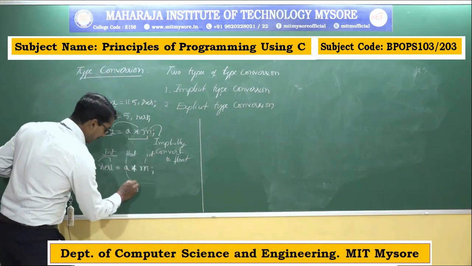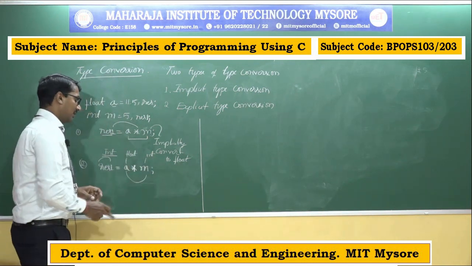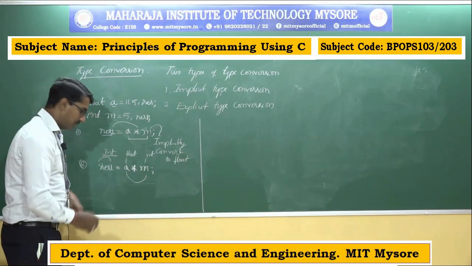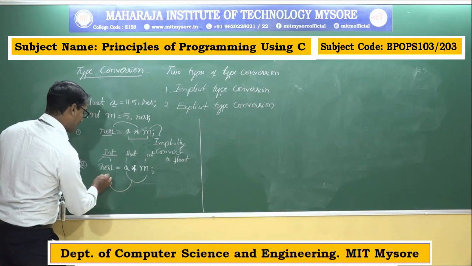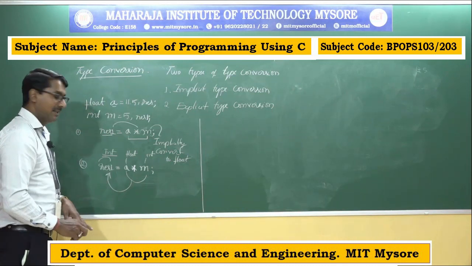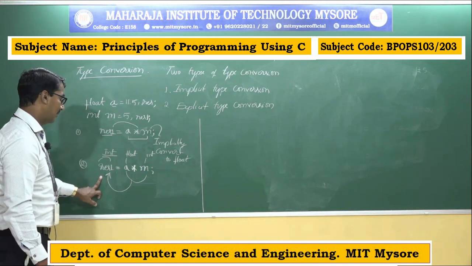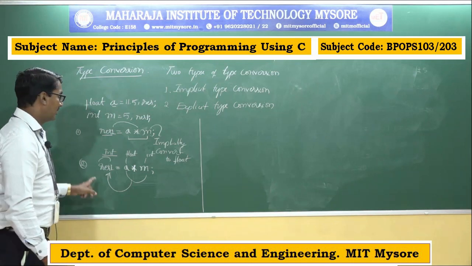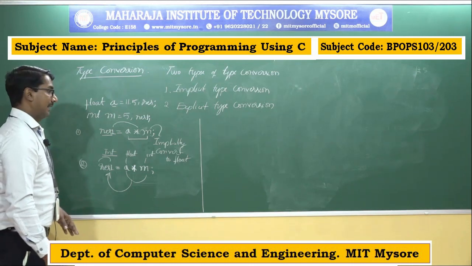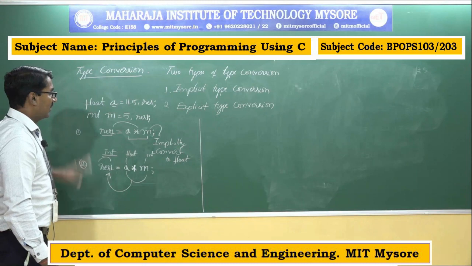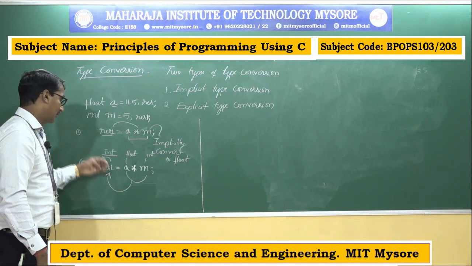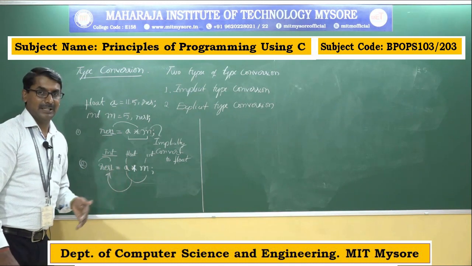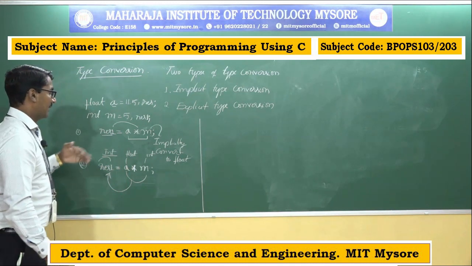The arithmetic operation is performed with m converted into float, but the resultant value is assigned to an integer variable. So the fractional part will be truncated. This is a problem of implicit type conversion: when you perform this operation, the fractional points will be eliminated.